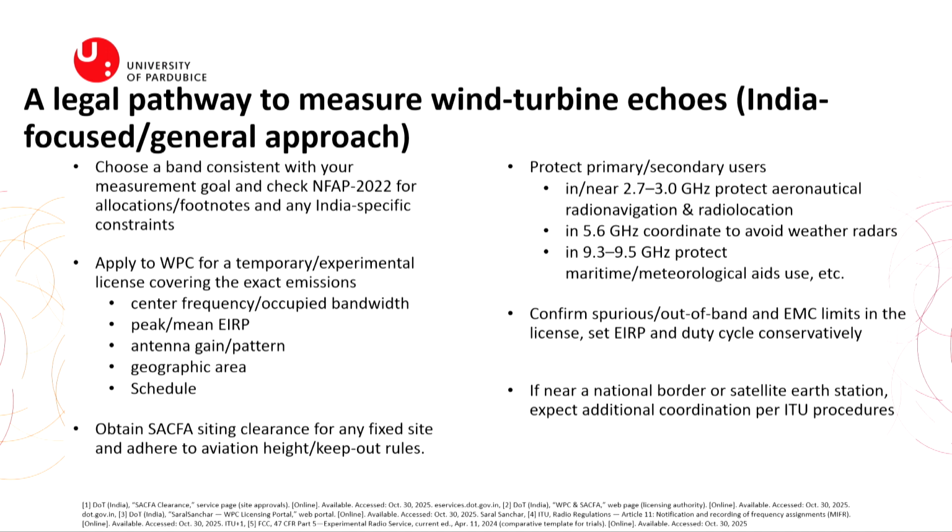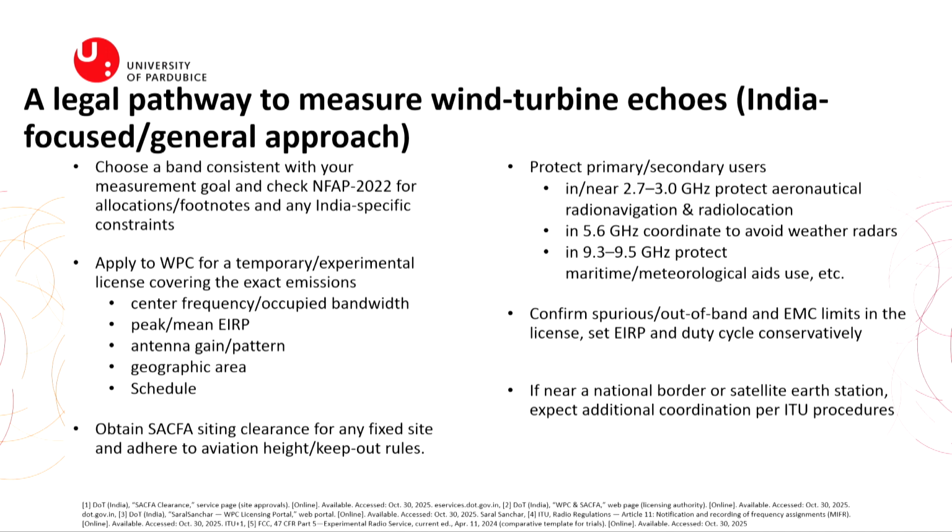Also, you need to protect primary users in case somebody uses this frequency. Like 2.7 to 3 gigahertz, it protects aeronautical radio navigation or radio location. In 5.6 it is usually for weather radars, and 9.3 to 9.5 is for maritime meteorological aids, and so on.